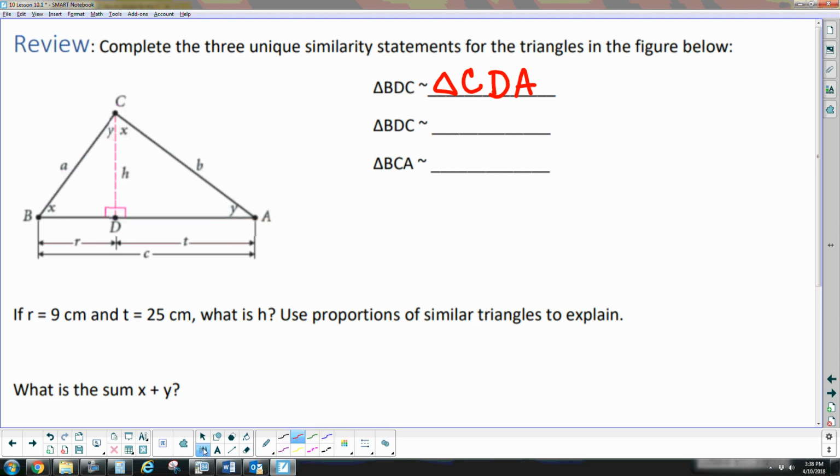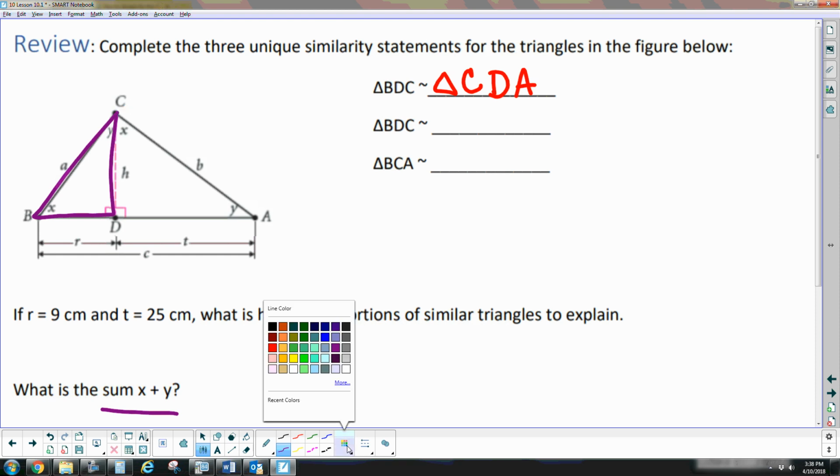Now, before we get to the next two, I'm going to jump down to this question. What is the sum of x plus y? Well, if you look at either one of these triangles, let's just look at the smaller one. This is a right triangle. Remember that a triangle has to sum to 180 degrees.